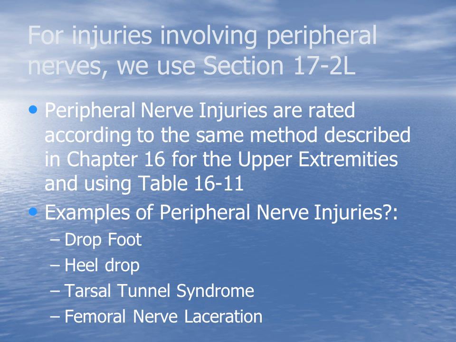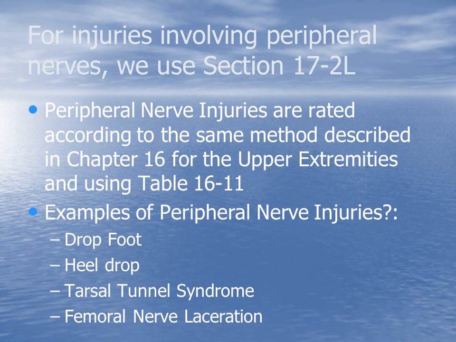And then in Chapter 17, for injuries involving the peripheral nerves, we use Section 17-2L. And peripheral nerve injuries in the lower extremity are going to be rated according to the same method described in Chapter 16 for the upper extremities.